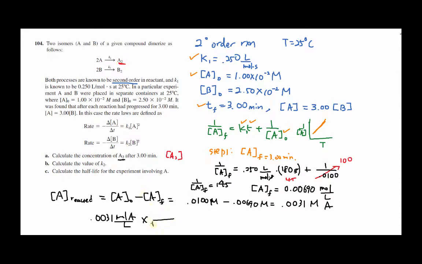So I put 2 mole of A because I see 2 in front, and then 1 mole of A2. You cancel out the unit. Oh look, we have the answer. When you divide that, you're supposed to get 1.6 times 10 to the negative third molar. So that's our answer to part A.